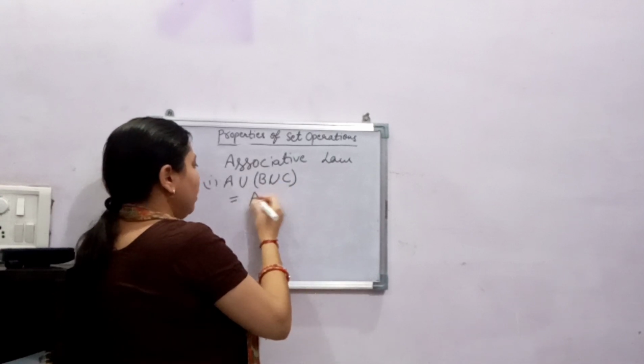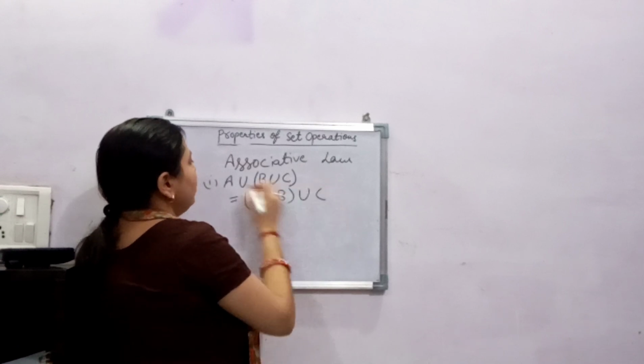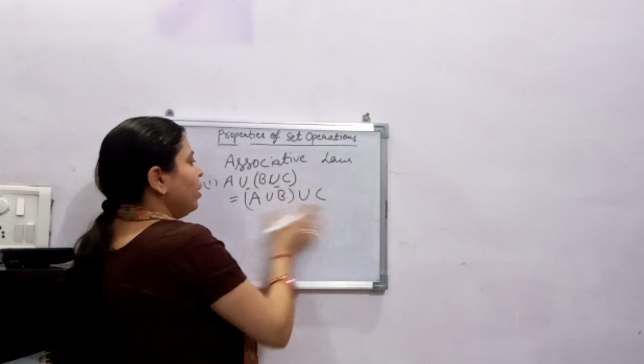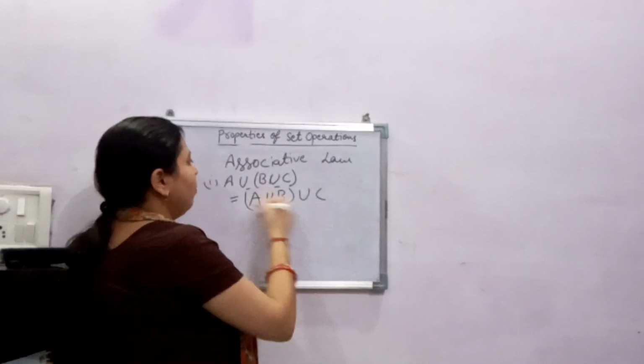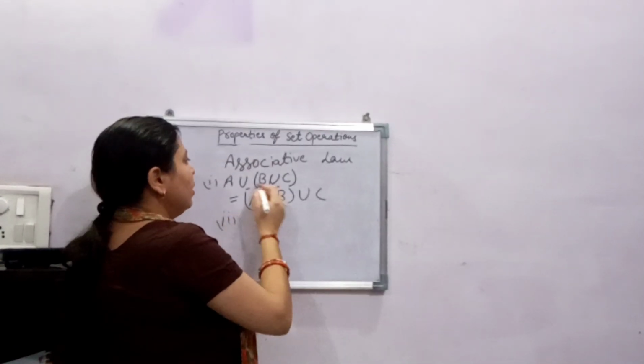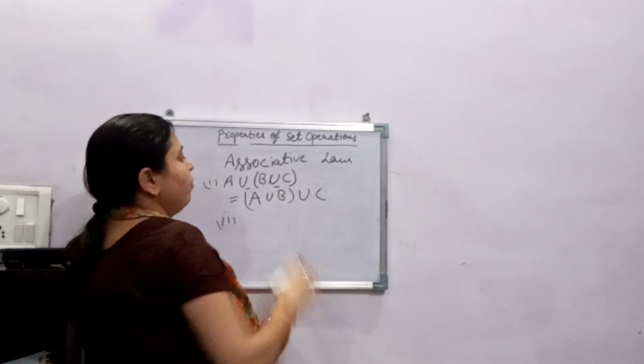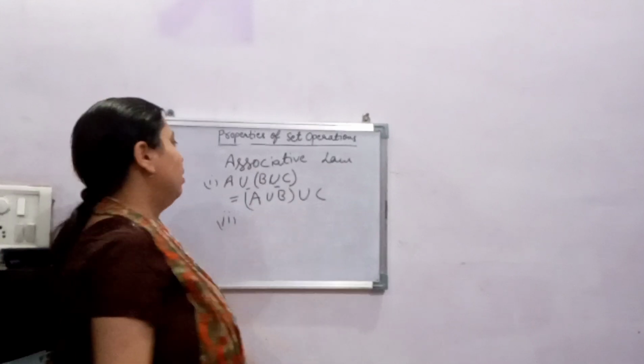So here we can write it like this also, because these are two same operations, so we can interchange the place of brackets. Okay, if these two symbols are different at different places, then we cannot write it like this.